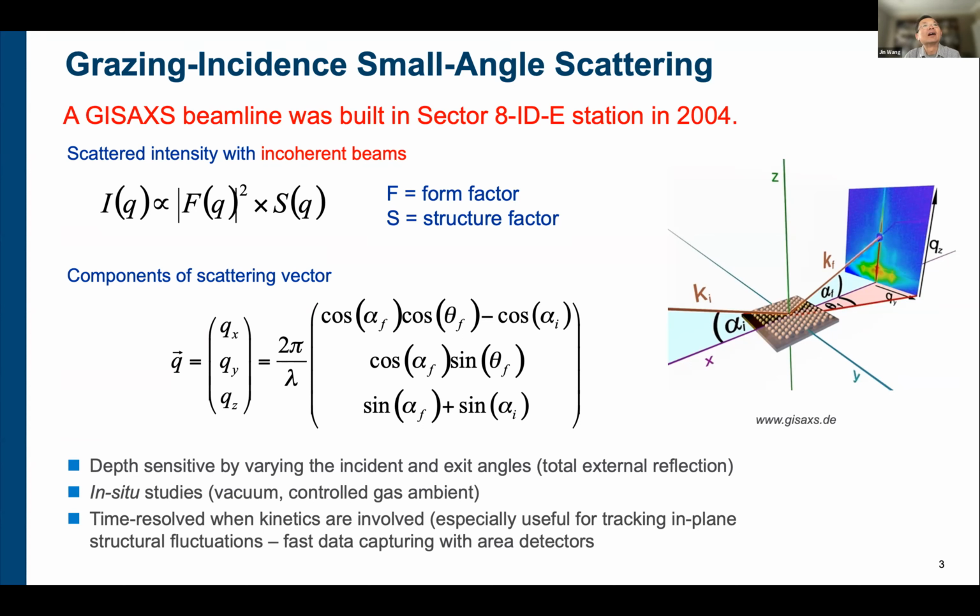I was among the first on the team to implement this GISAXS beamline at the 8IDE station about 20 years ago.